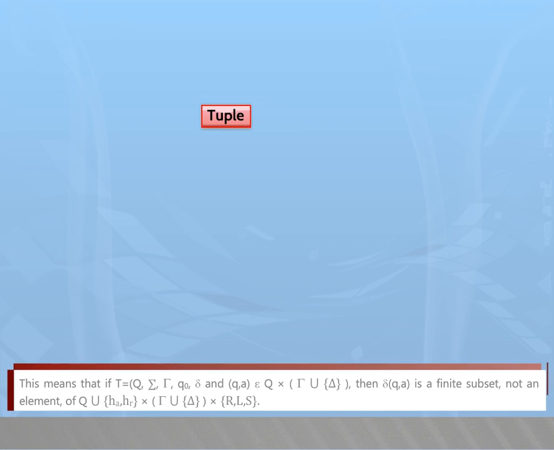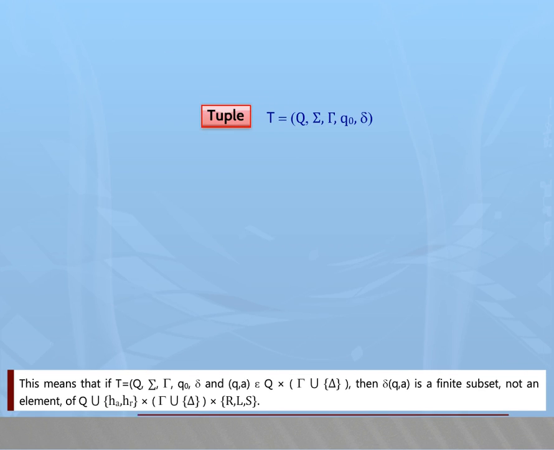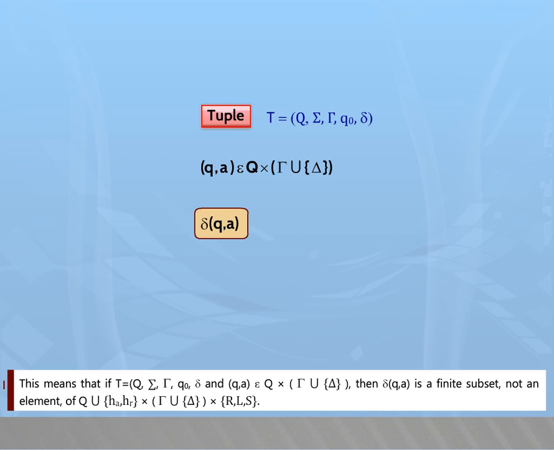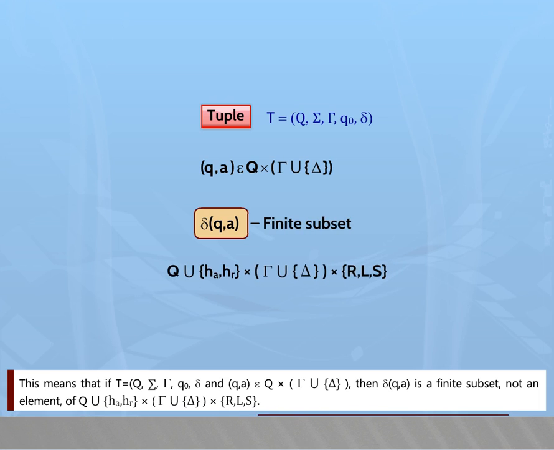This means that if T = (Q, Σ, Γ, q0, δ), and q, a belong to Q and Γ ∪ Δ, then δ(q, a) is a finite subset, not an element, of Q ∪ {ha, hr} × (Γ ∪ Δ) × {R, L, S}.